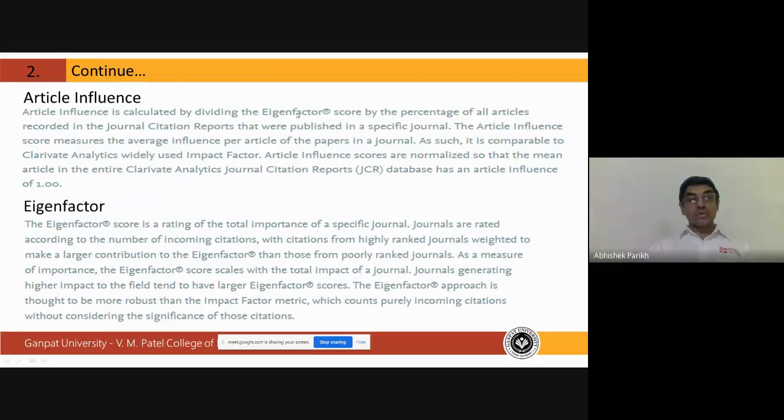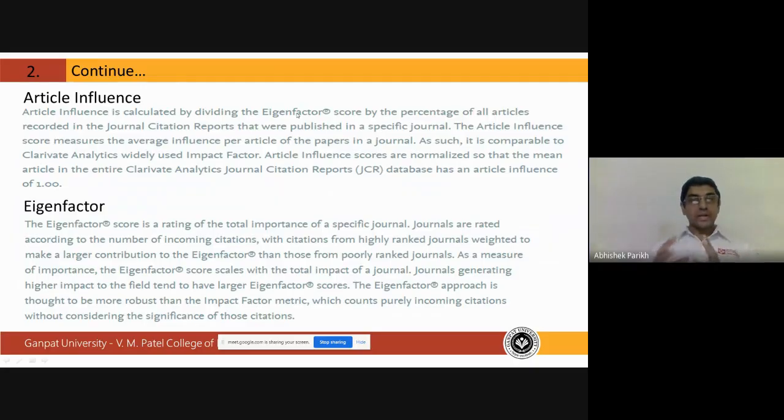Journals are rated according to the number of incoming citations, with citations from highly ranked journals weighted to make a larger contribution to the Eigenfactor than those from poorly ranked journals. So it is like a cycle. If you improve your journal, and within that journal you have more citations, it will give more value. So let me explain in simple words.